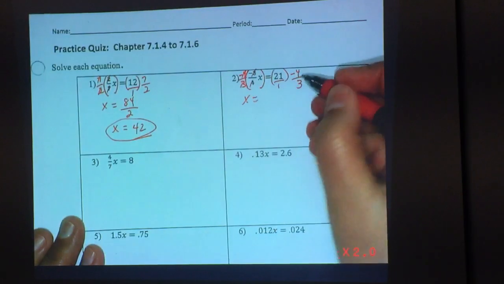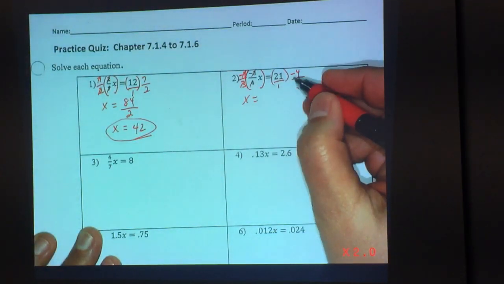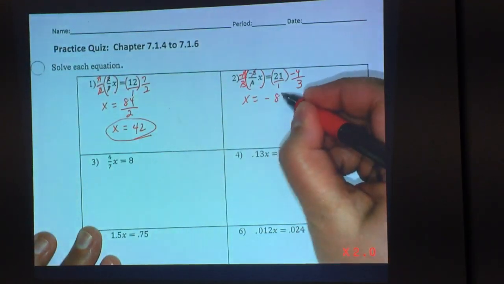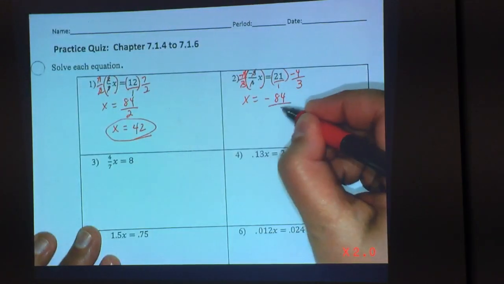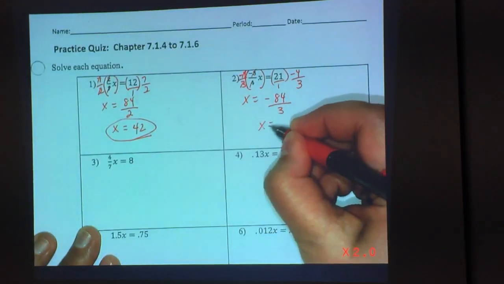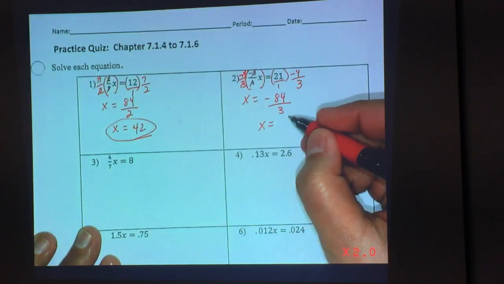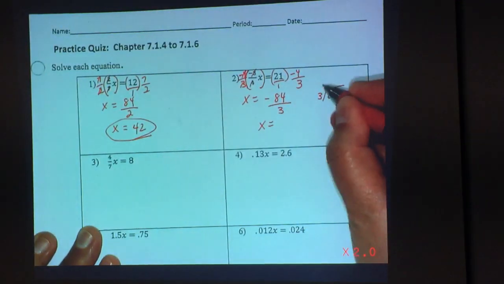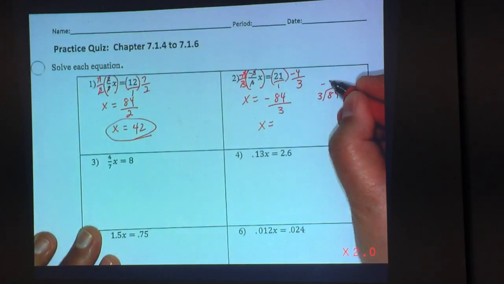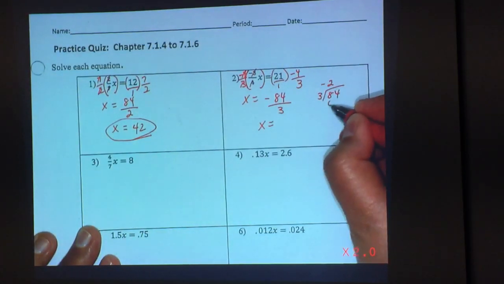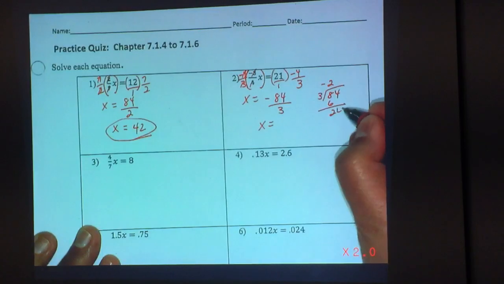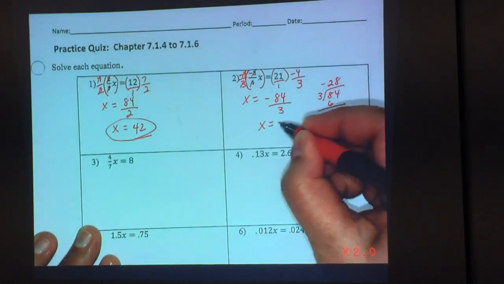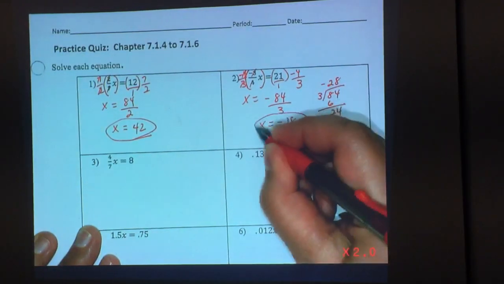X equals 21 times a negative 4, which is negative 84, over 1 times 3, which is 3. How many times will 3 go into negative 84? 3 goes into 8 2 times, that's a 6. 3 goes into 24, 8. So my answer is negative 28.